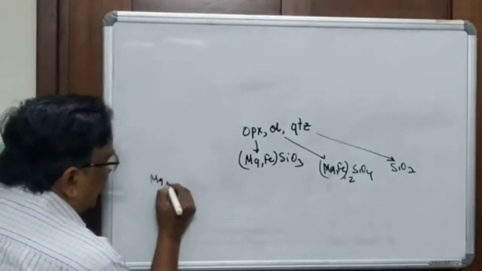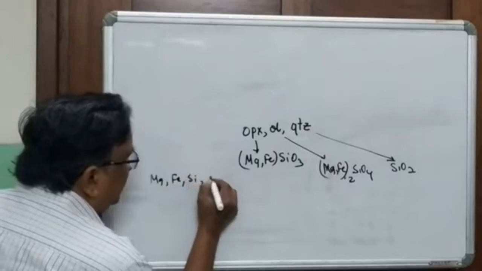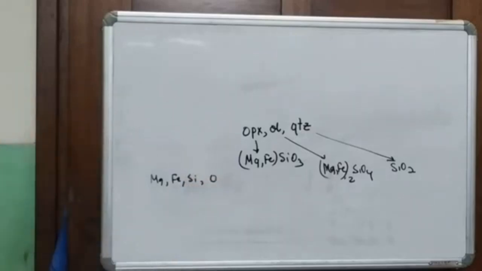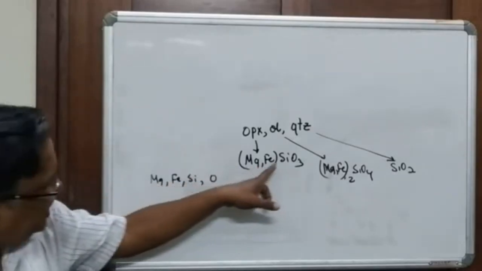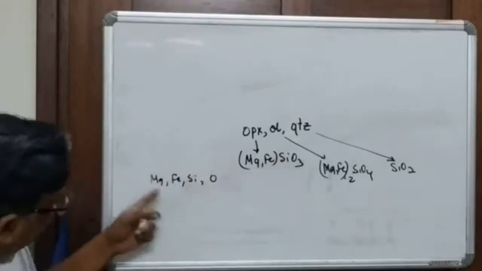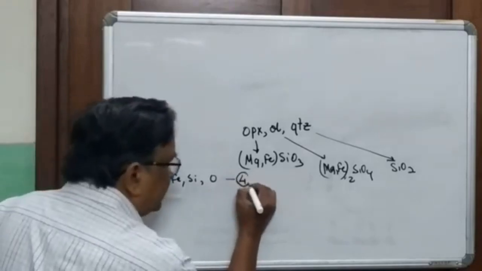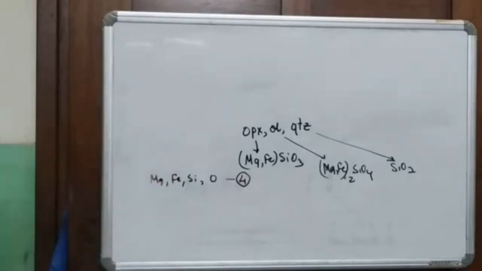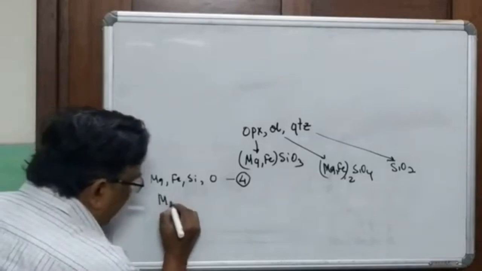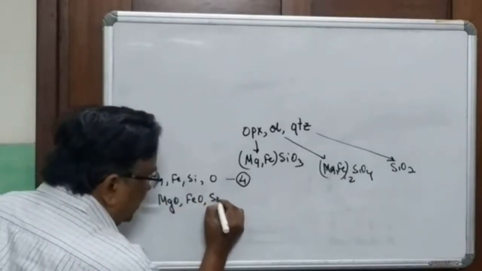You can write, okay, Mg, Fe, SiO. You know Mg, Fe, SiO, so Mg plus Fe plus SiO, it's done. But you then have 4 components. But you could also write it as MgO, FeO, SiO2.